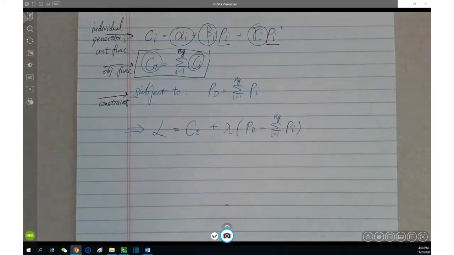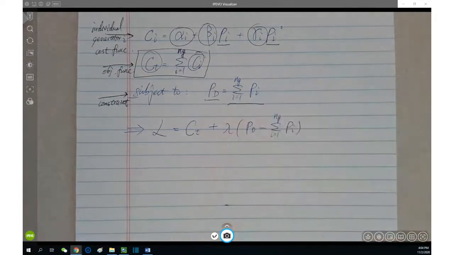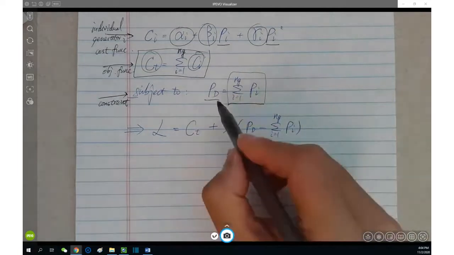Constraint function, which is the demanded power from the customer. Obviously, this is not negotiable. The customer is asking for this amount of power, and then you provide this amount. So the summation of all of the generator power is equal to the demanded power.